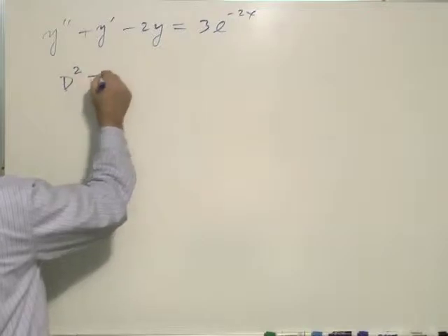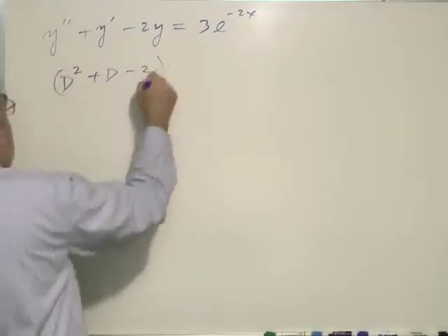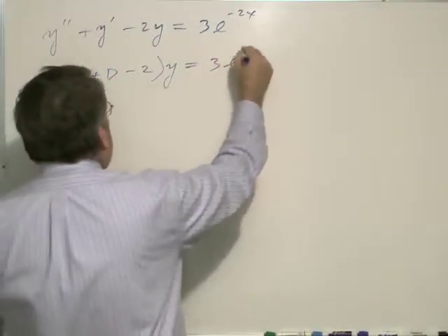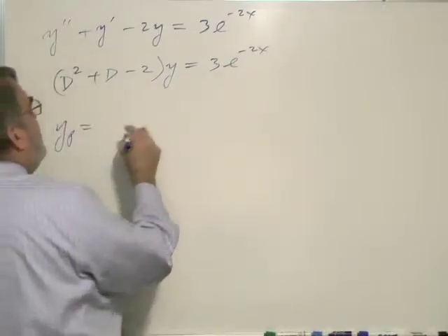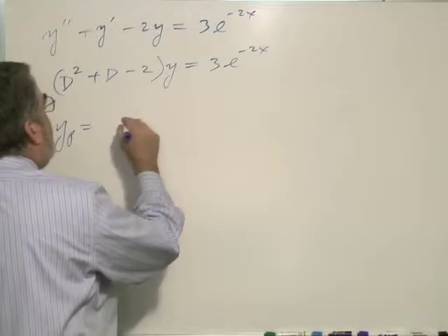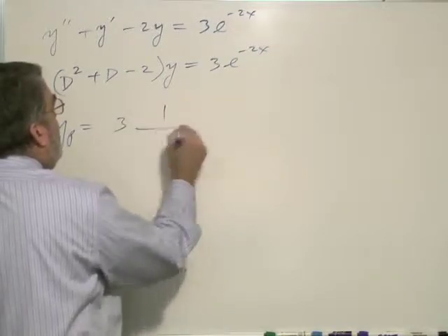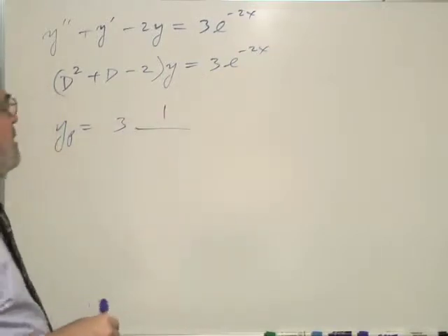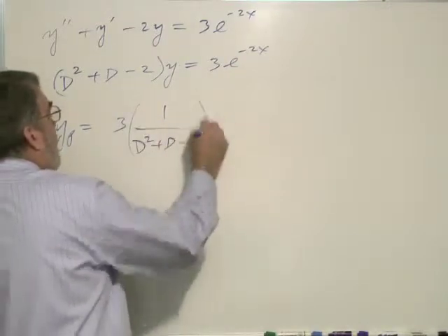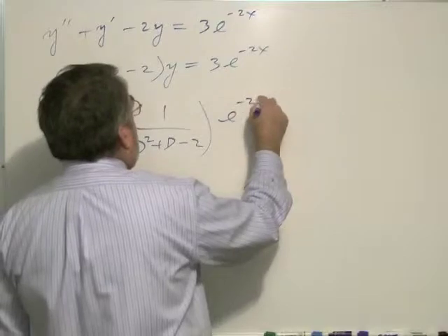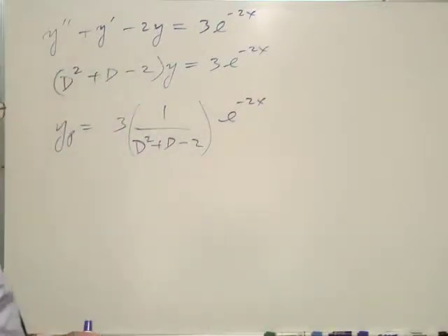It is d squared plus d minus 2 operating on y is 3e to the negative 2x. So y particular is 3, and I like to factor that 3 out, 1 over d squared plus d minus 2 operating on e to the negative 2x. I guess it's optional whether you factor that 3 out or not.